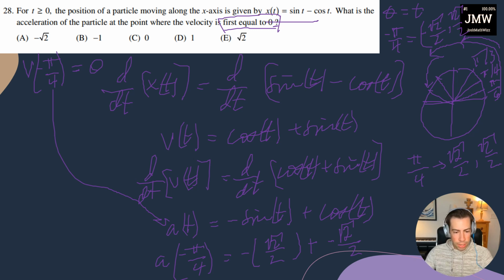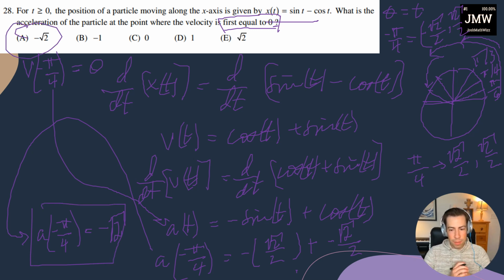Whenever I fully simplify this down, the acceleration at that point is going to be equal to negative root 2, because I have a half plus a half, which is just the whole. So my final answer is going to be negative root 2, which is answer choice A, and that is in fact the correct answer.